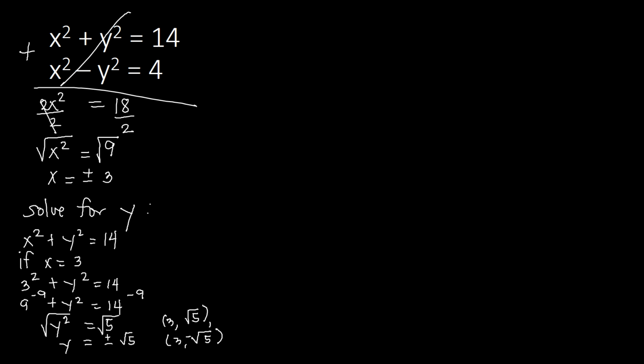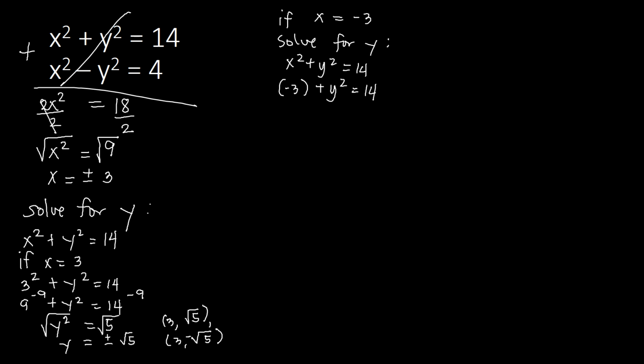So let's now go for the other value of x. Let's say x is negative 3. We solve for y using the first equation still: x squared plus y squared equal to 14, replacing x with negative 3. This will be 9 plus y squared equal to 14.